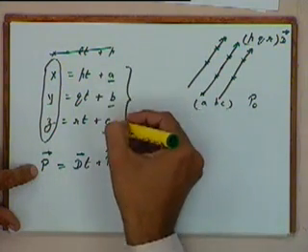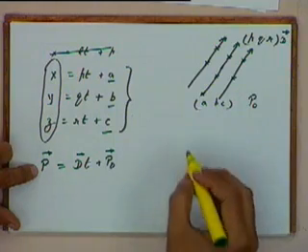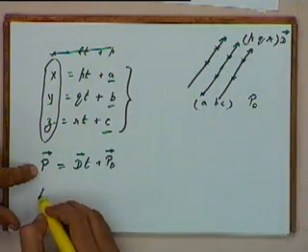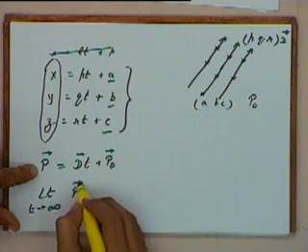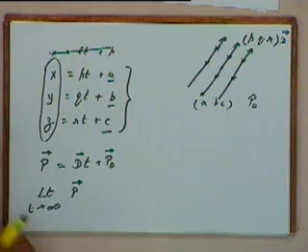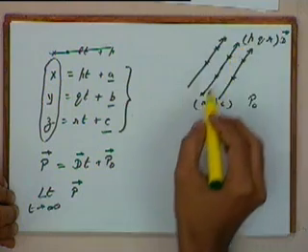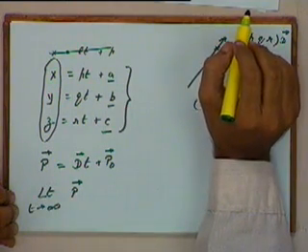These three equations I can write like this. If I want a point on these lines at infinity, I'll just say it will be the limit t tending towards infinity of P. This will give me a set of points at infinity on these lines. Is that okay?